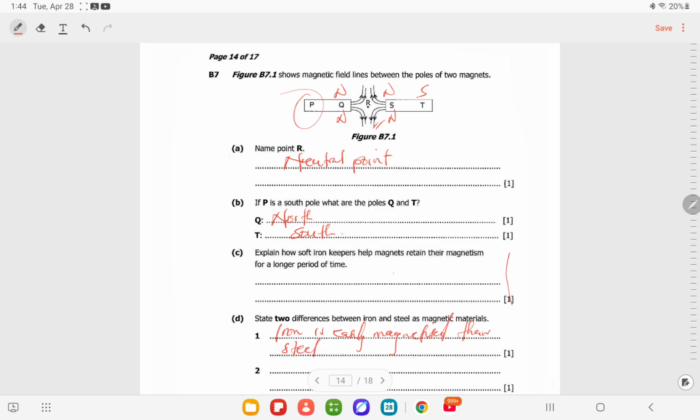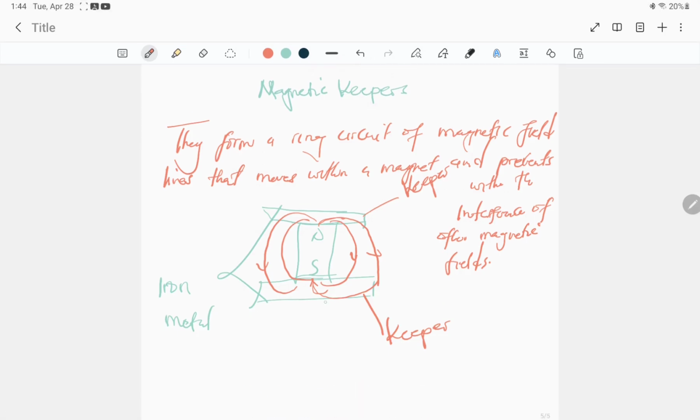In this situation, the moment you expose iron to a magnet, with north and south, this magnet will induce its magnetic properties into the iron and it will be easily magnetized.